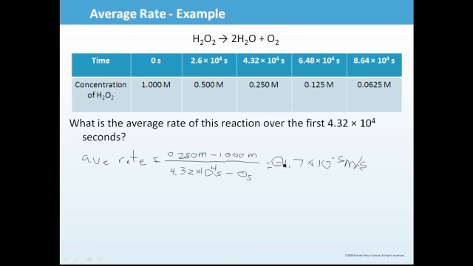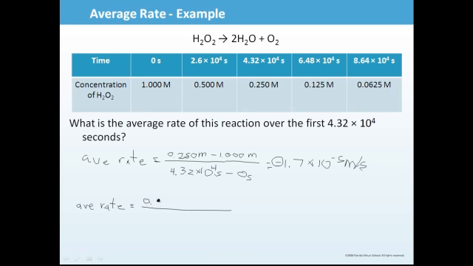Okay, now just for practice, let's find out the average rate for the last half of this reaction. So now our final concentration is the 0.0625, and our initial is the 0.25. Let's use those values and see what our rate would be for the second half.